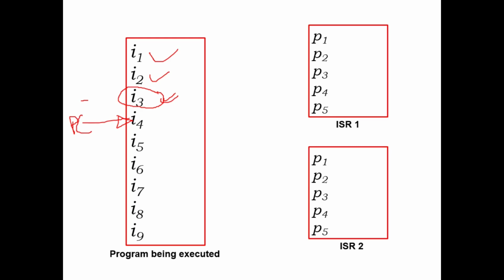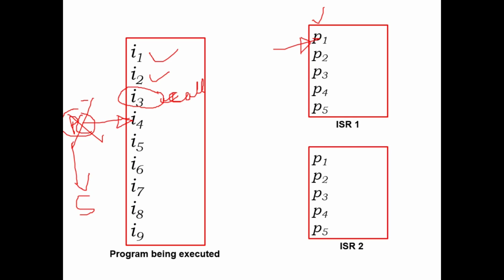Now if the I3 instruction is a subroutine call, a function call to this subroutine, what happens? We store the next value of PC, that is the address of the I4 instruction, because that is not yet executed. We store the address of PC in the stack, then update PC to the starting instruction of the subroutine.